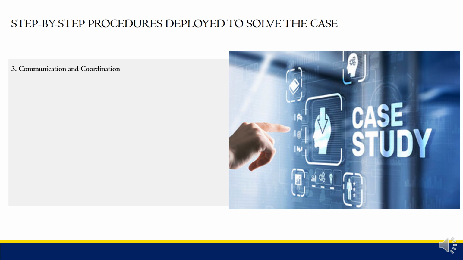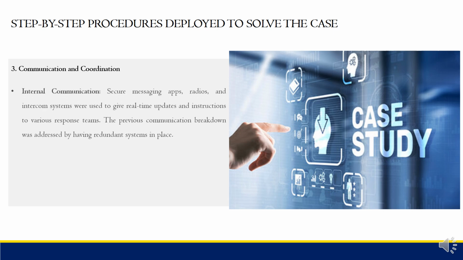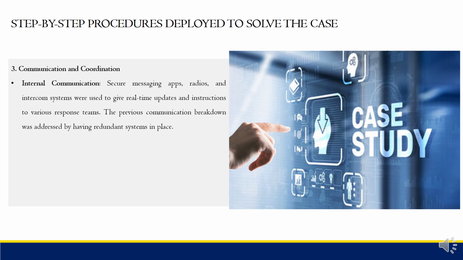3. Communication and coordination. Internal communication. Secure messaging apps, radios, and intercom systems were used to give real-time updates and instructions to various response teams. The previous communication breakdown was addressed by having redundant systems in place.